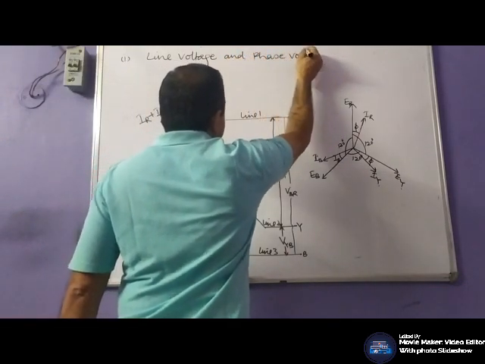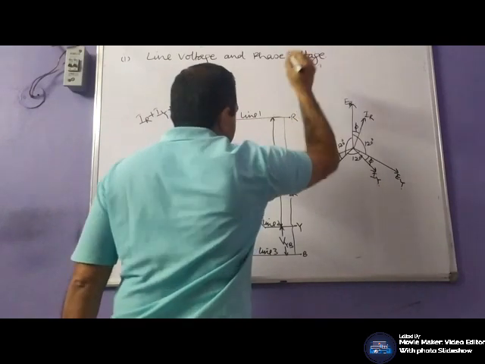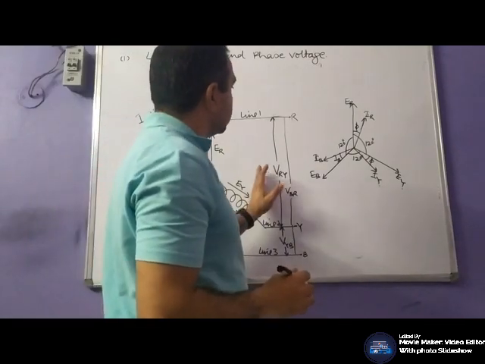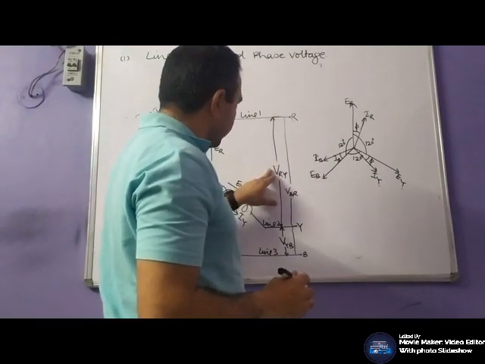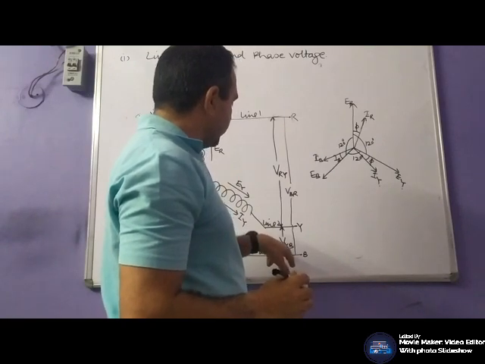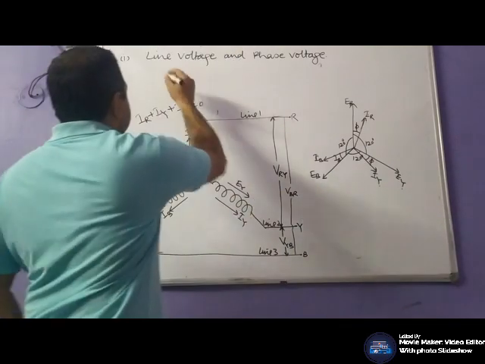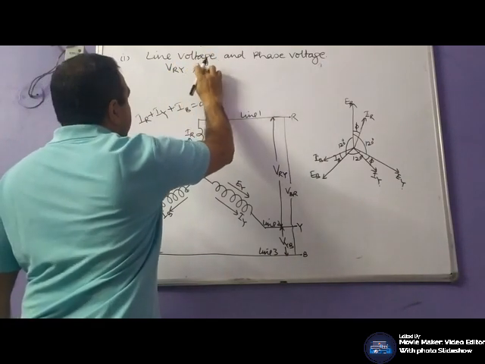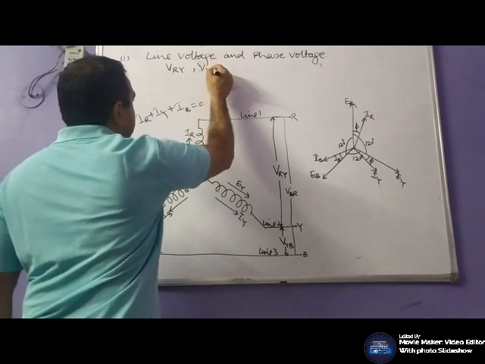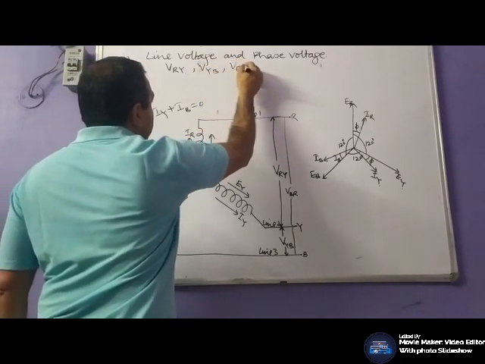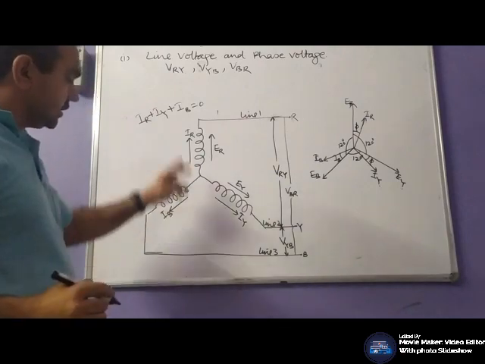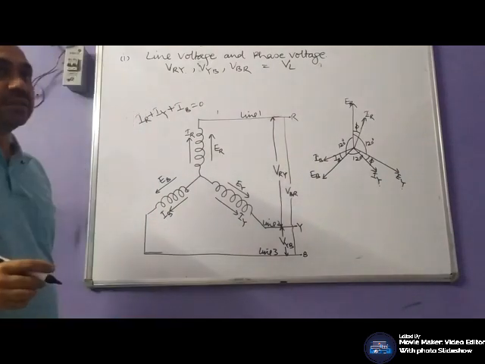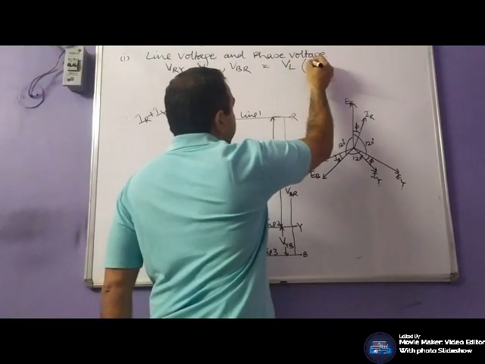So the line voltages are VRY, VYB and VBR, and if the system is balanced, may be represented by VL.